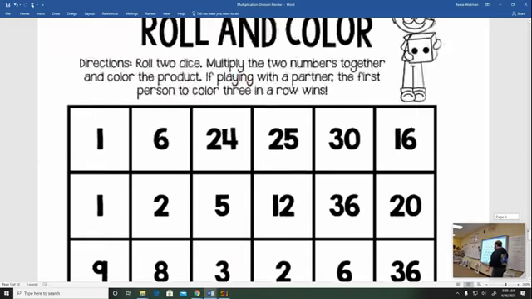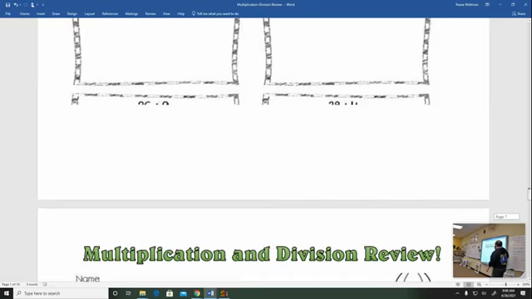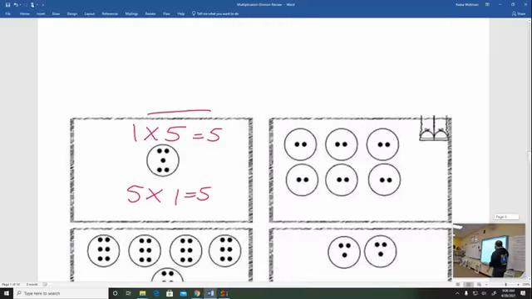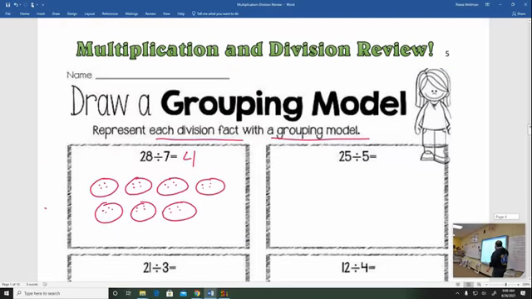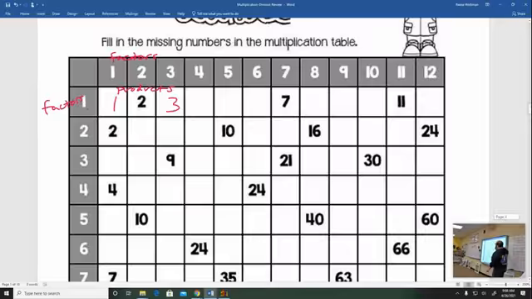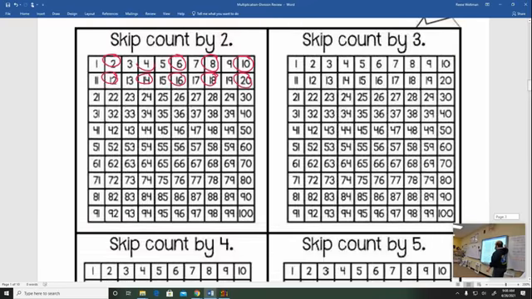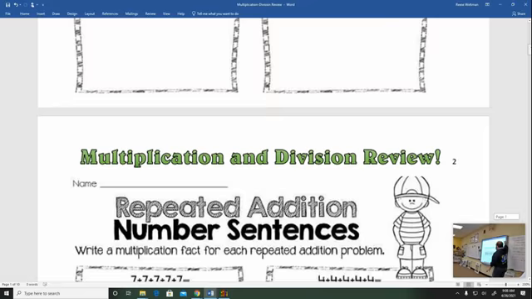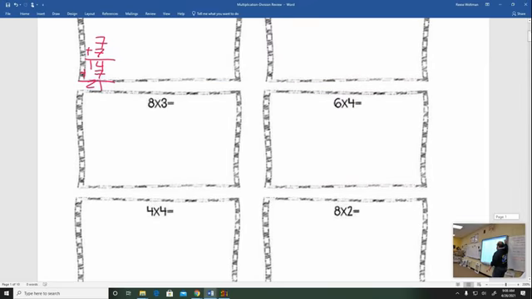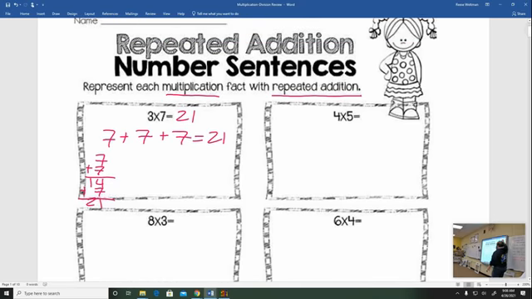Your dice will give you the numbers. But you're going to stop before you get there, okay? The goal is to try to get through these pages. It seems like a lot, but I don't think it's going to take you that long because it's review. Before we move on to the partner part, we will go through all these together and make sure that we all have the same answers. Okay? Any questions before we start?